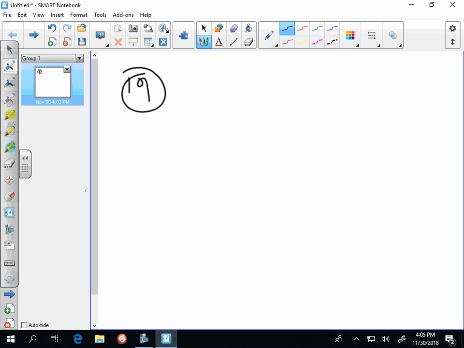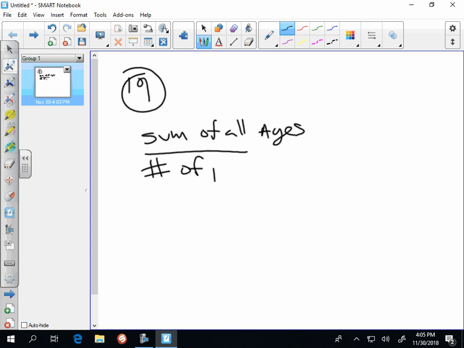Well, in order to find the total average age, I need the sum of all the ages over the total number of people. And the way I'll get the sum of all the ages is I'll take the fact that there are 30 males with an average age of 42, and that there are 20 females with an average age of 37.